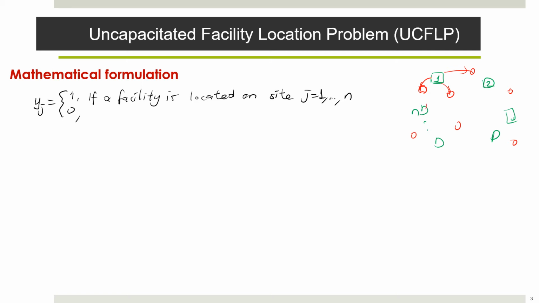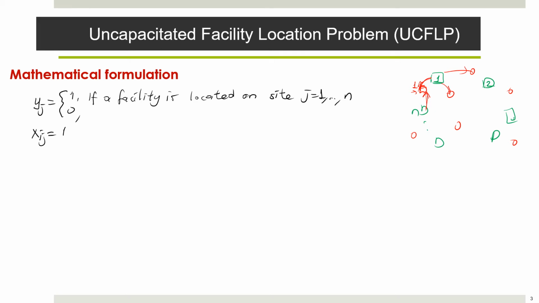We can satisfy the demand of this customer, let's say this is customer 1, from this facility and this facility. It can be some percentage coming from the first facility, another percentage coming from another facility.